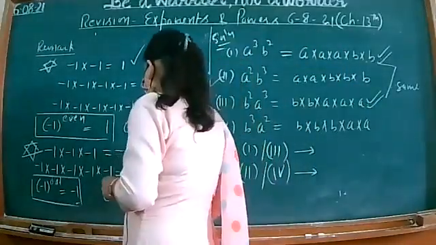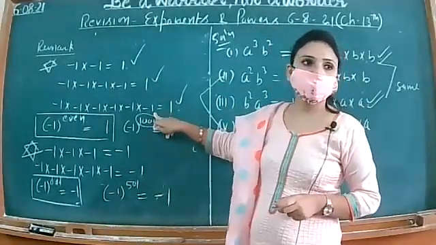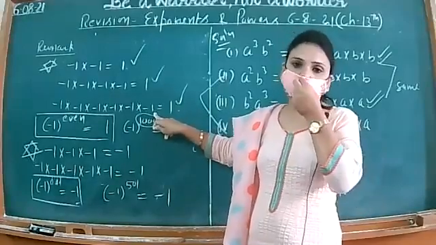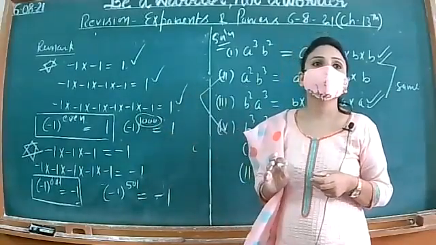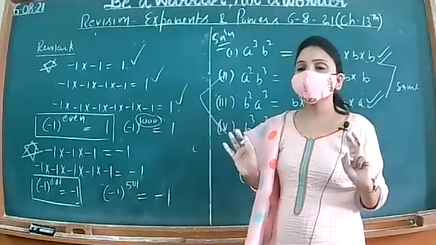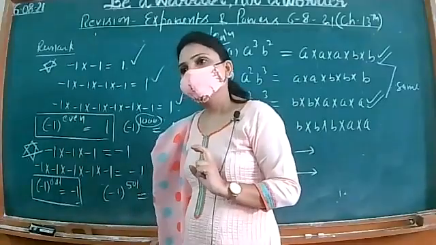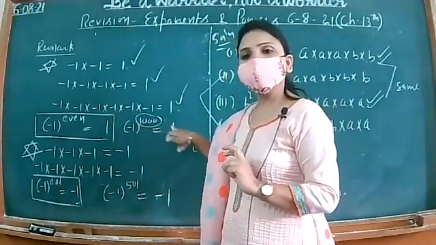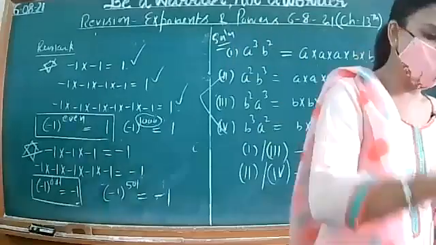So the answer is directly -1. In the paper, -1 raised to power 2000 can come. What will be the answer? 1. Why? Because 2000 is even. -1 raised to power 909. -1, because 909 is an odd number. So when power is odd, answer is -1 always, and when power is even, answer is 1 always. Is it okay? You have to remember this. It can come in 1 mark.